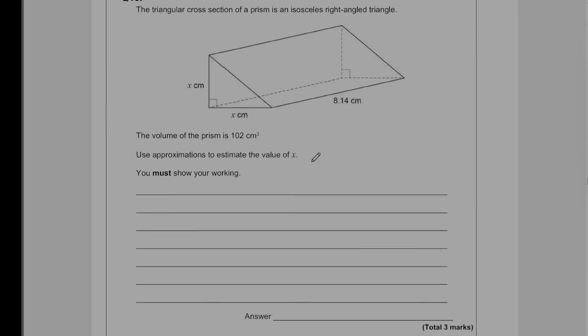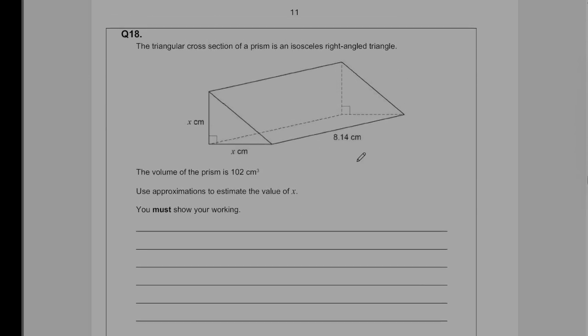Okay, question 18. The triangle cross-section of a prism is an isosceles right-angled triangle. The volume of the prism is 102 centimeters cubed. Use approximations to estimate the value of x. Okay, so we're given that value there.